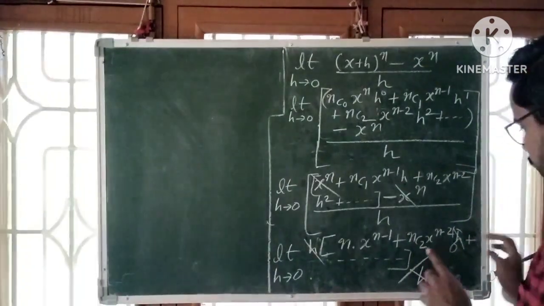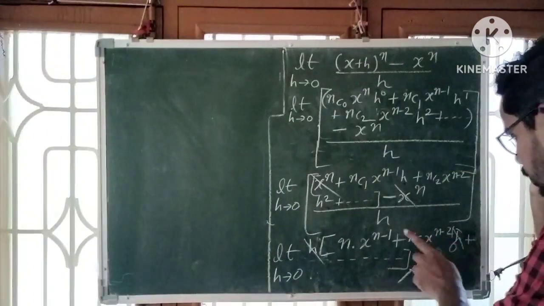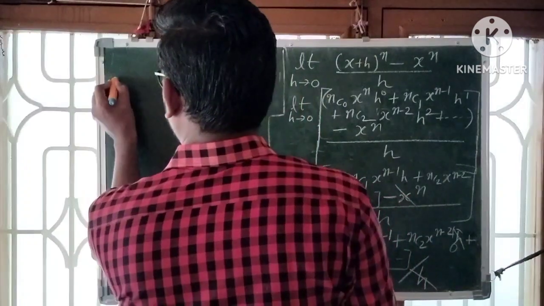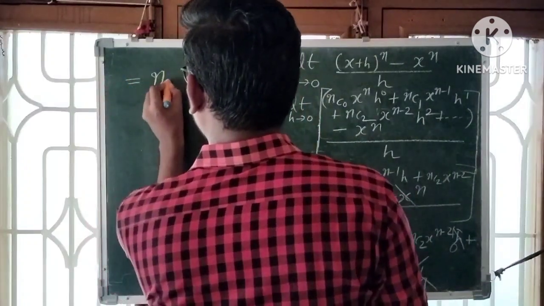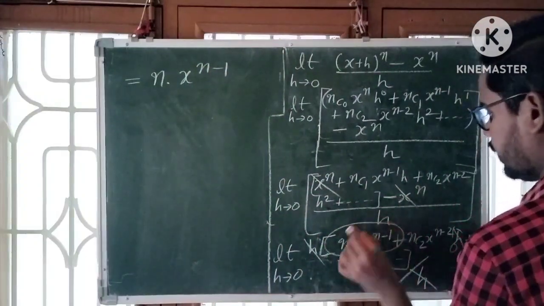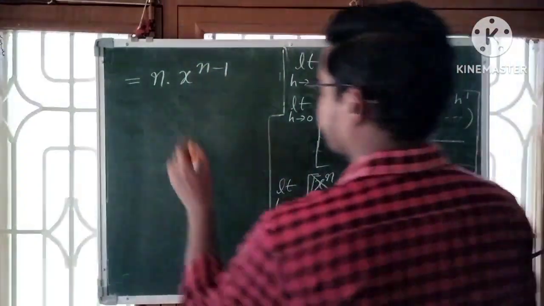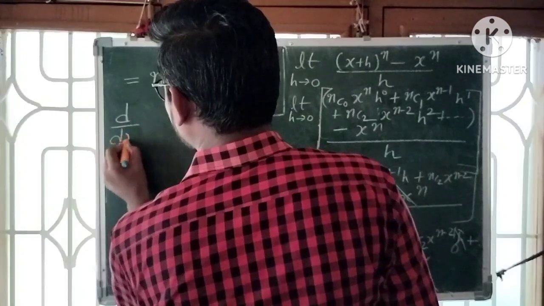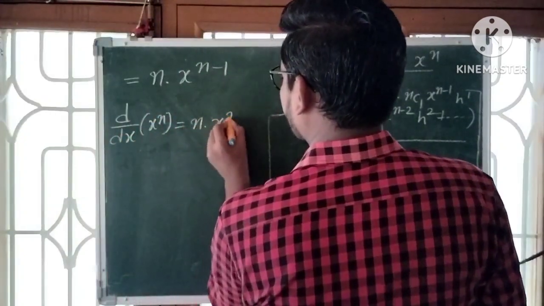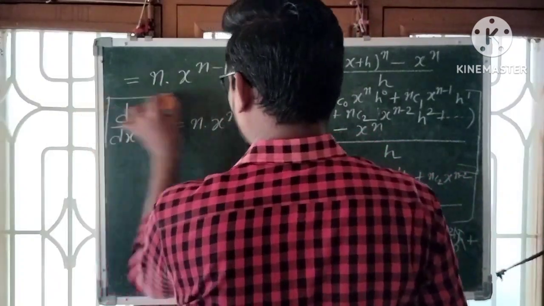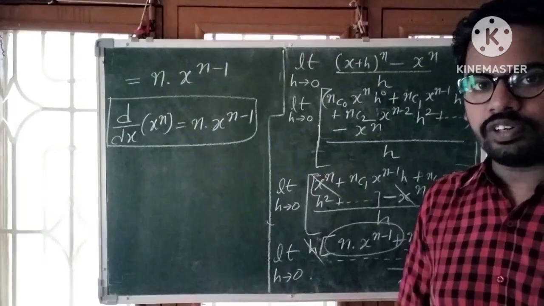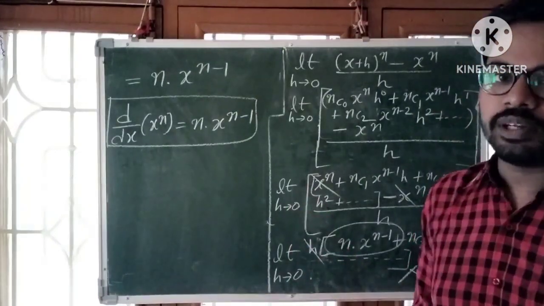So all terms will be 0, and we are left with only n into x power n minus 1. Therefore d by dx of x power n is equals to n into x power n minus 1. Not only this formula, we can derive all derivative formulas using first principle of derivative.